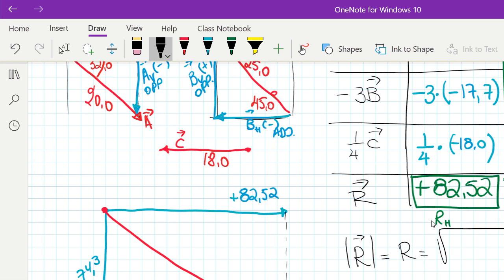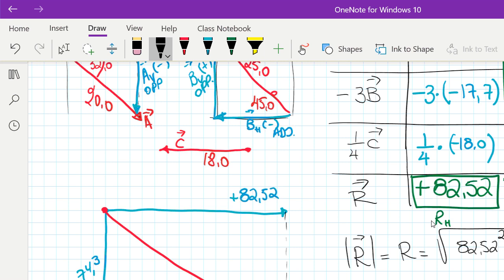The magnitude of the resultant will be the square root of 82.52 squared plus 74.3 squared. Notice here that I'm just ignoring the sign because it doesn't really matter when you are squaring; you always will have a positive one.